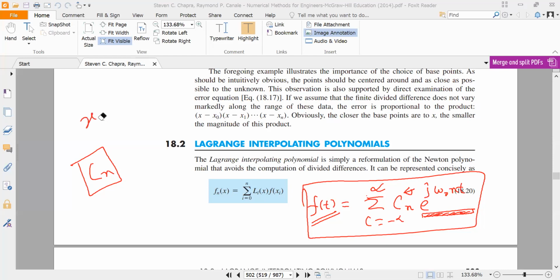Okay, we have a complex number z1 equal to x1 plus j y1. We have a complex number z2 equal to x2 plus j y2. If we multiply z1 into z2, will it be a real number? No, sir.